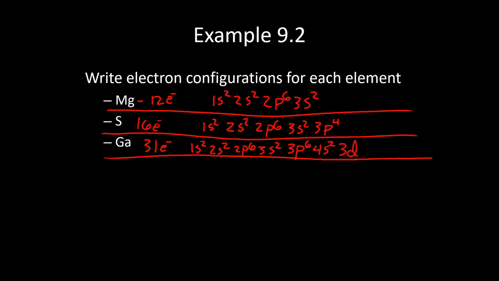3d was next. How many electrons can the d orbital hold? It can hold 10. It has 5 orbitals. Each of them can hold 2 electrons, so we have 10. So I am now up to 30 electrons. I have 1 left that I need to put in. What's after 3d?